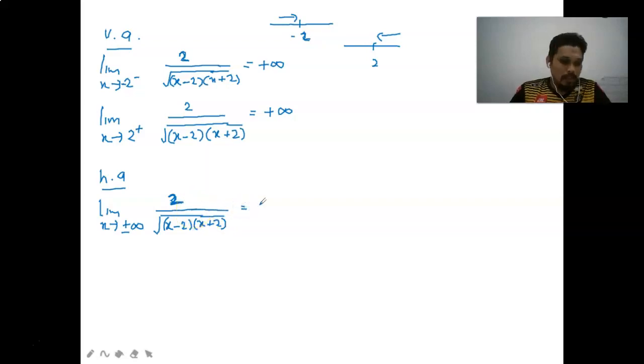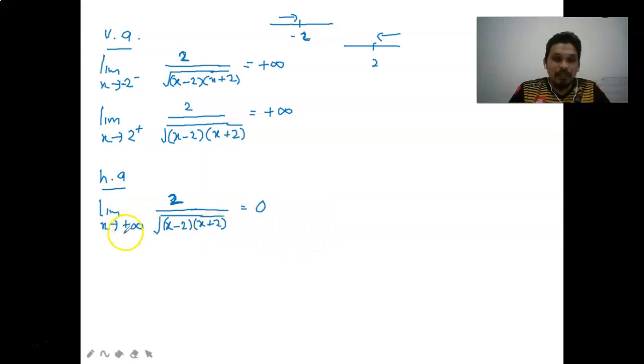Let's say I choose positive 1000. 1000 minus 2 equals 998, and 1000 plus 2 equals 1002. So 998 multiplied by 1002 is positive, a big number. The square root of that is, let's say, hundreds, and 2 divided by a big value approaches 0.